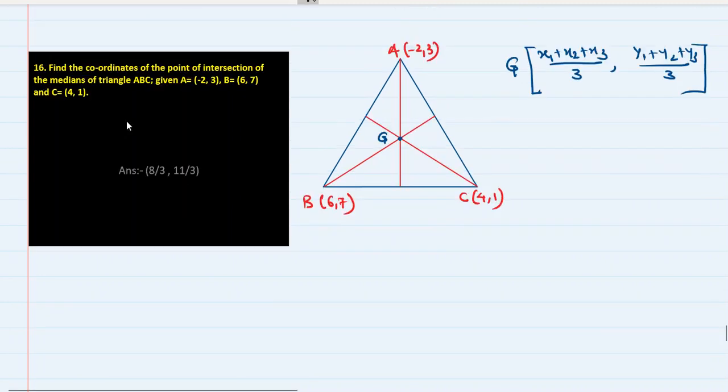Apparently there is one property of the median which I will list for you, so please note it down.